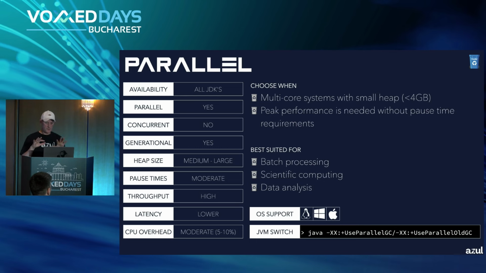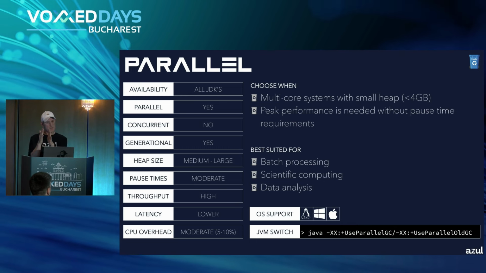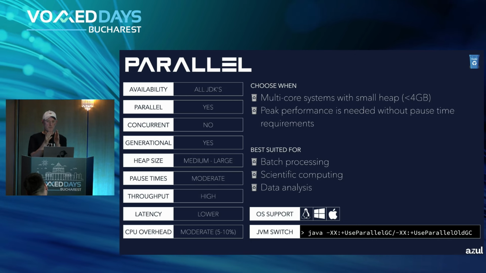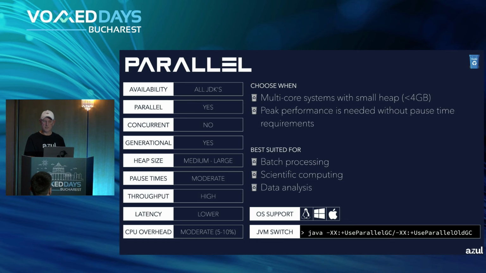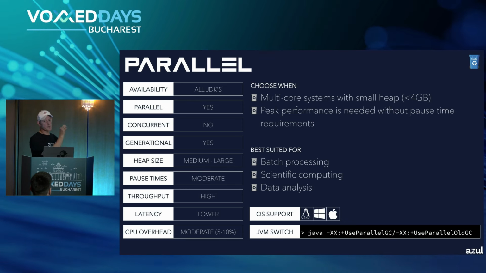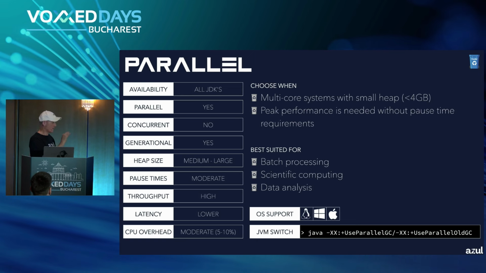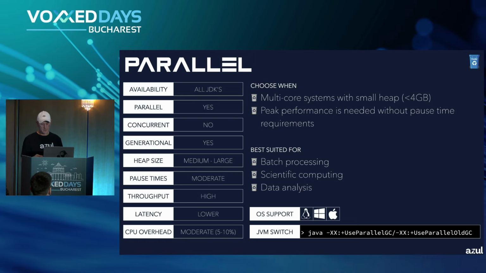Throughput is the time we spend in the application versus the time we spend in garbage collection. So if we spend most of the time in the application and just a little bit of time in garbage collection, we have really high throughput. This is why it is called the throughput collector, because there's no other garbage collector that is as fast as this one when it comes to throughput, okay?